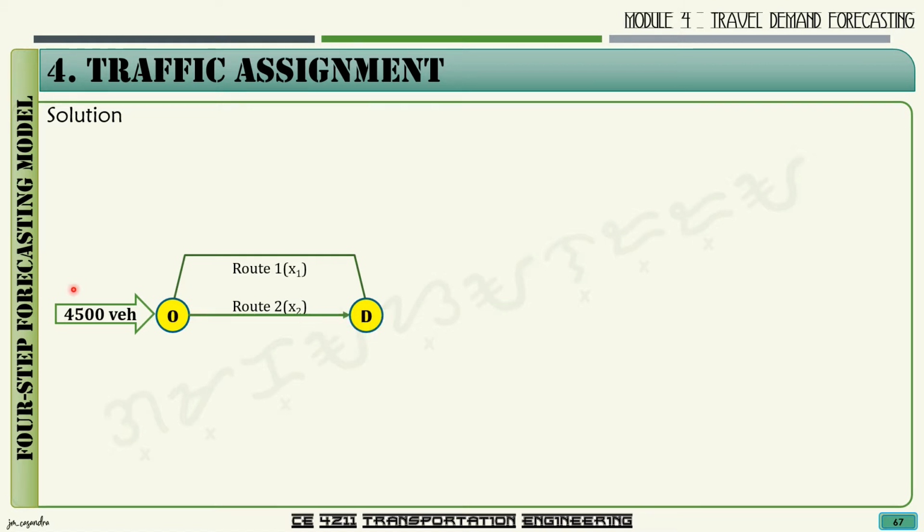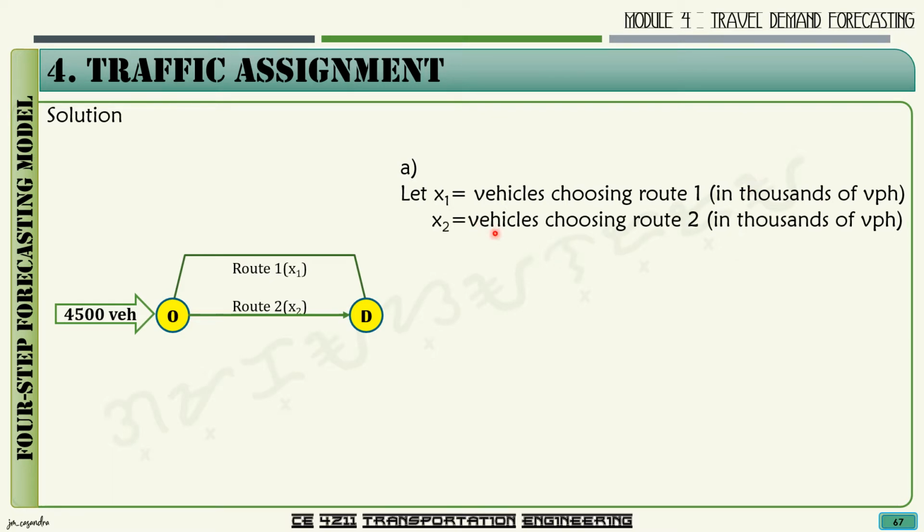So basically, whatever comes from the origin will also be the same value that will arrive at our destination. So let's assume that x1 will be the vehicles choosing Route 1, in thousands of vehicles per hour. Then we'll have x2, which are the vehicles choosing Route 2, in thousands of vehicles per hour.